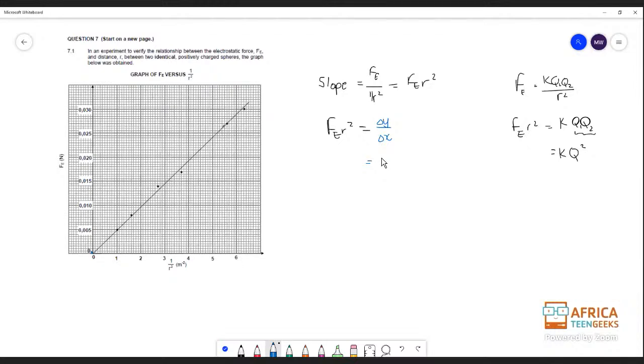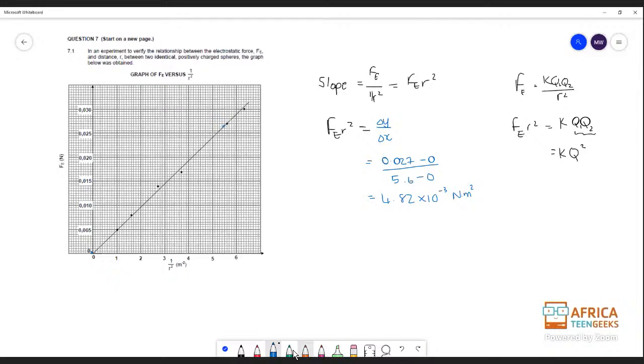And that gives me a rough idea of 0.027 minus 0 divided by 5.6 minus 0, which is equal to 4.82 times 10 to the negative 3 newtons meter squared. Okay, because it's force times r squared.